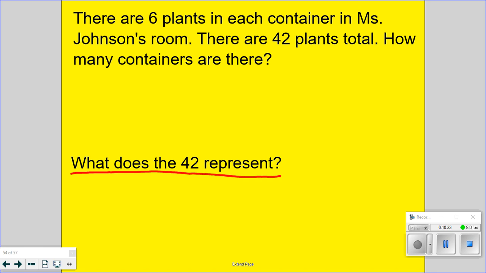What does that word represent mean? Because I know you know those other words. What does the 42? What does that word represent mean?